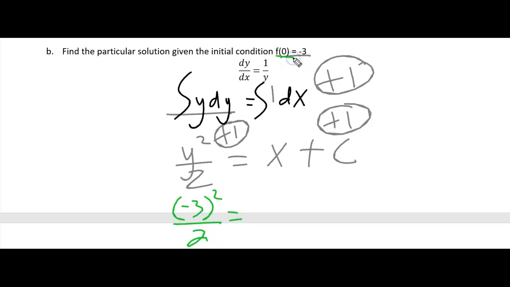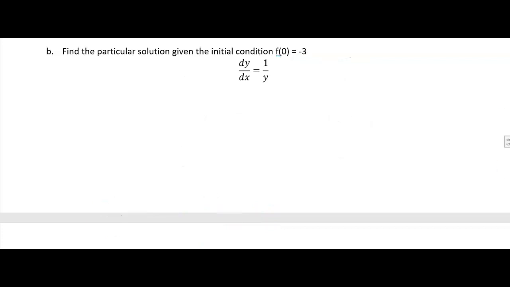And I'm going to replace the x with 0, which is just going to be c. So I end up with c being 9/2. Okay. So we now have y squared over 2 is equal to x plus 9/2.